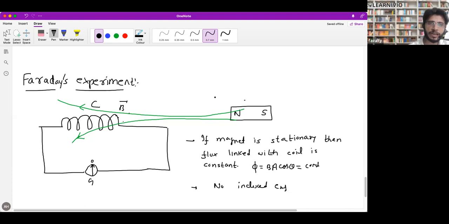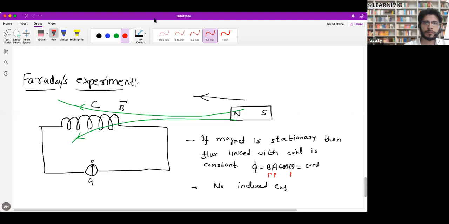But when you start moving this magnet towards the coil, can you decide, out of these 3 parameters, B, A and theta, which one will change? Magnetic field change, or the area of the coil will change, or the angle will change?